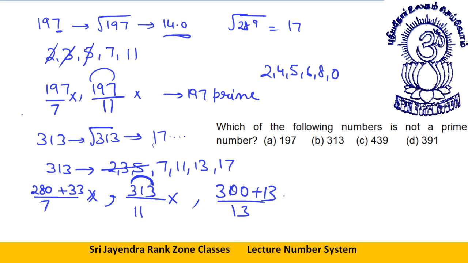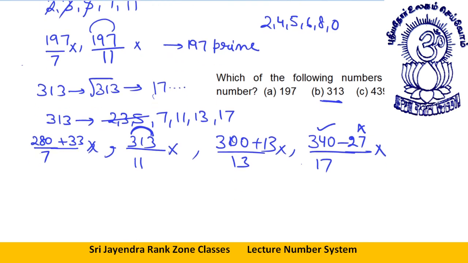So this is also not divisible by 13. 313 divided by 17. What I can say is 313 is 340 minus 27. This is divisible by 17. This is not divisible by 17. So that way, this is not divisible by 17 also. So 313 is also a prime number.